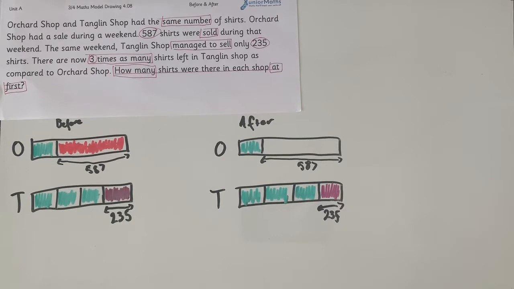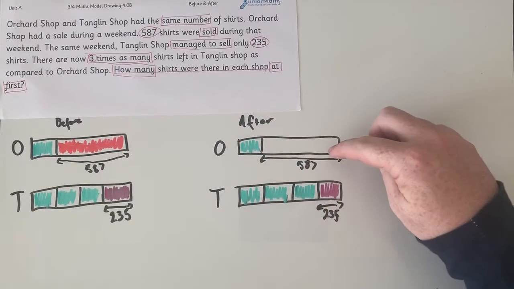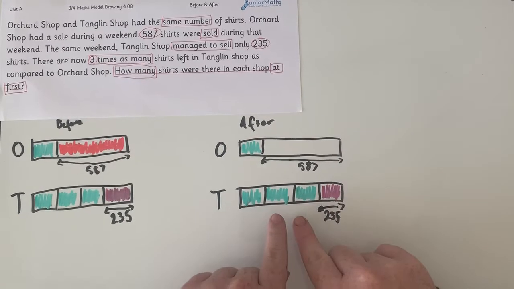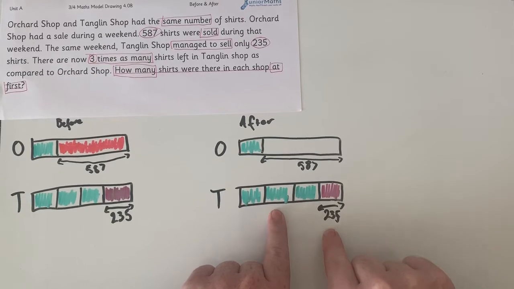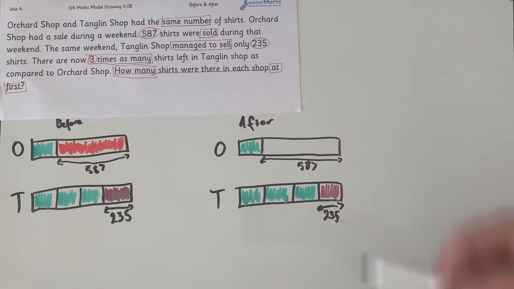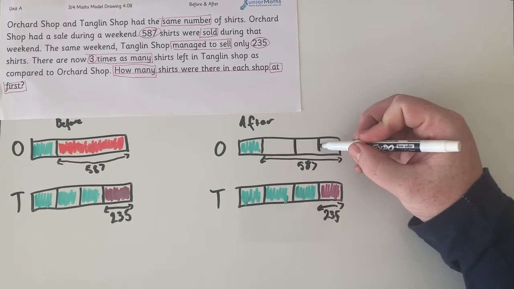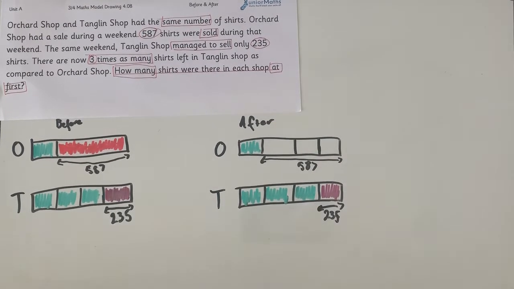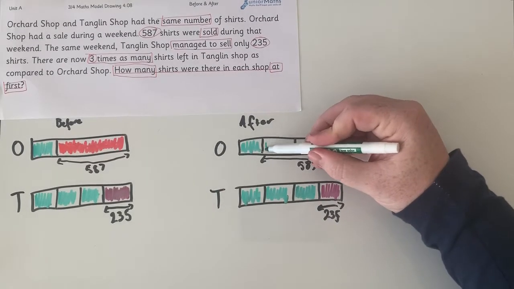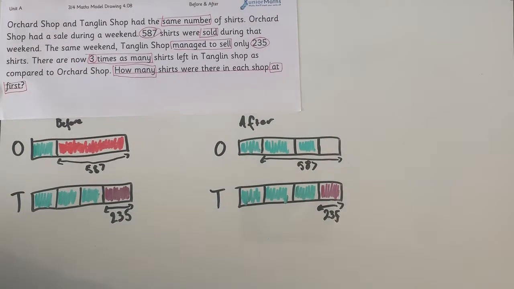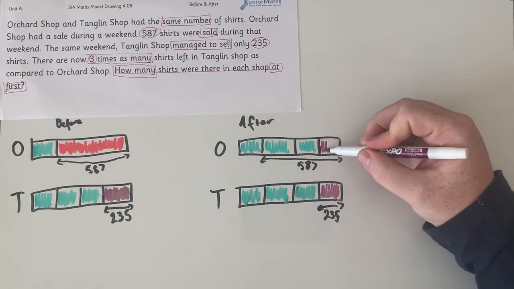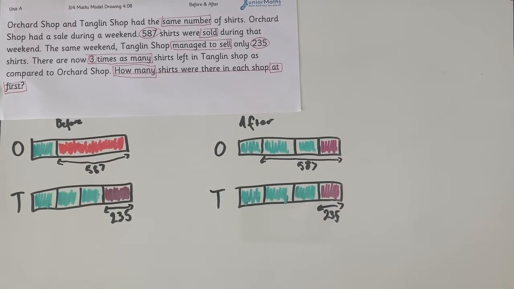But if we look here now at the Orchid Shop, this 587 is equal to 2 of these green equal parts and 235. It's equal in size. So if we represent it as such, two equal parts plus 235 equals 587.